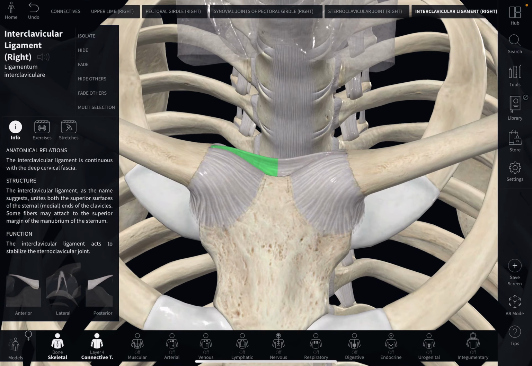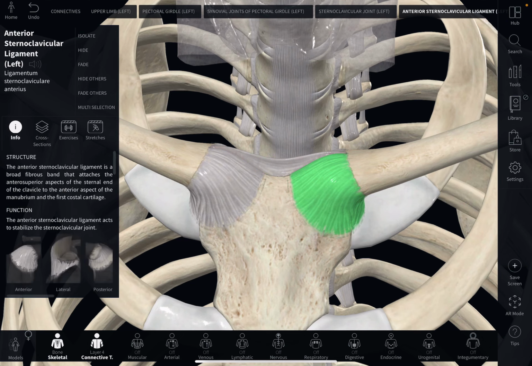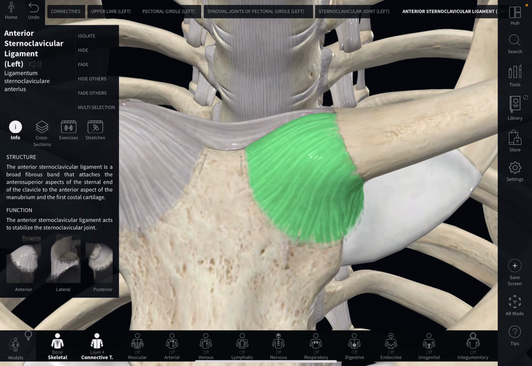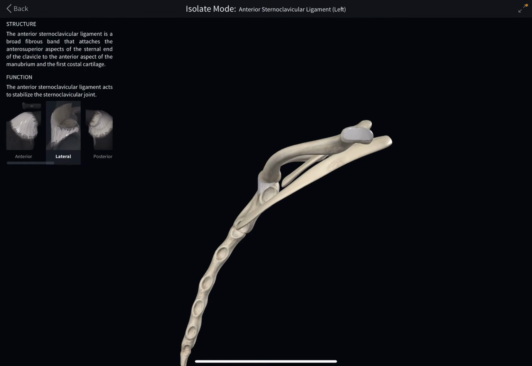So the meaning is understandable. The 2 medial ends, the sternal ends of the clavicles, are attached to each other by this interclavicular ligament. Then the periphery of the medial end gives attachment to what is called the capsular ligament, or the fibrous capsule of the sternoclavicular joint.